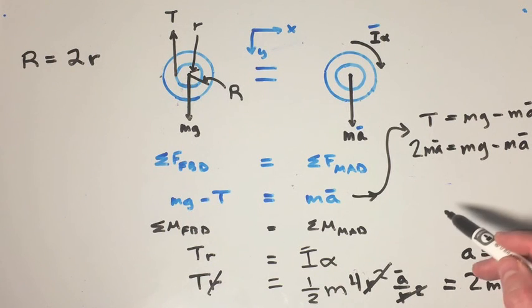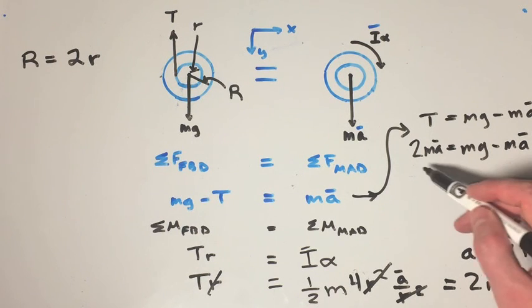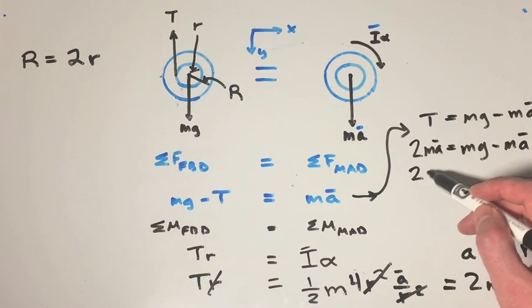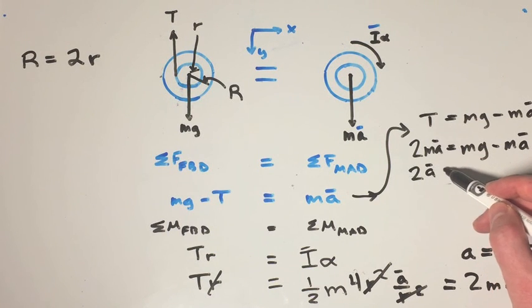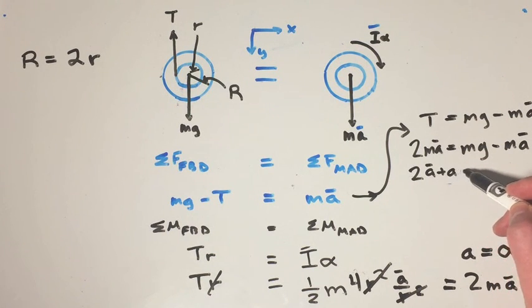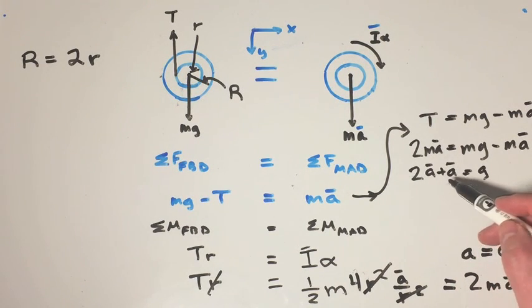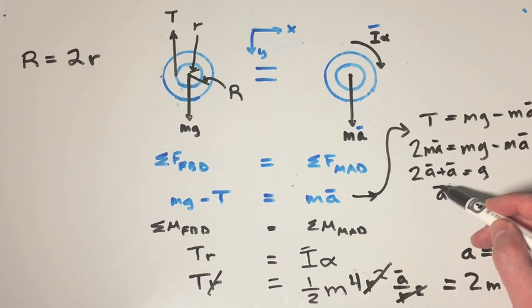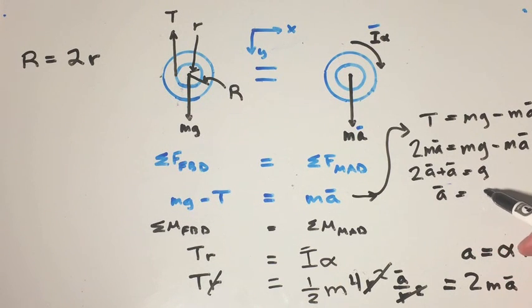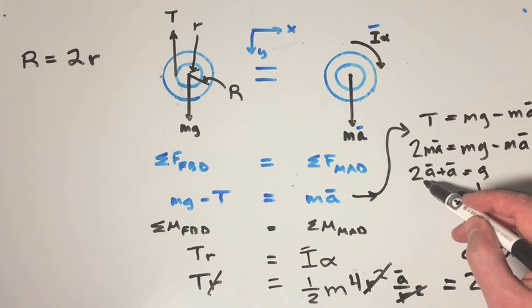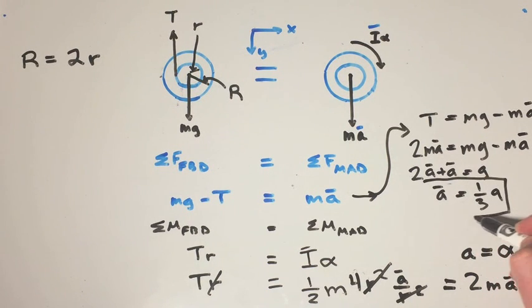We can cancel out all the m's. So we're going to have 2a plus a equals g. We combine these, we get 3a, and then divide by 3, so we have a is equal to 1/3 g. And that will be our acceleration.